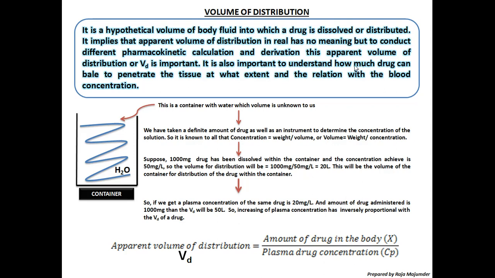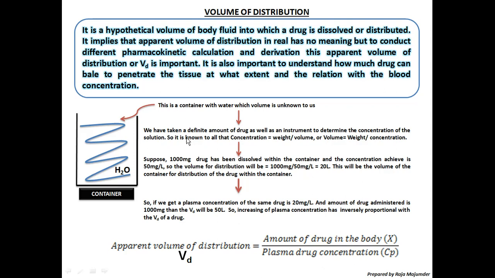Suppose there is a container, as you can see in the video. Here is a container with water, but the volume of the water in this container is unknown to us. We don't know the volume of the water contained within this container.